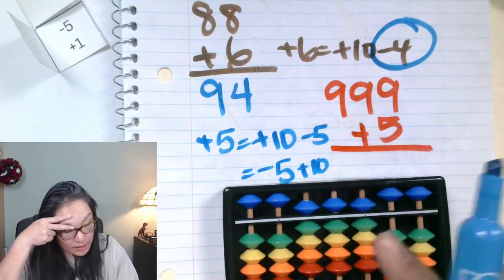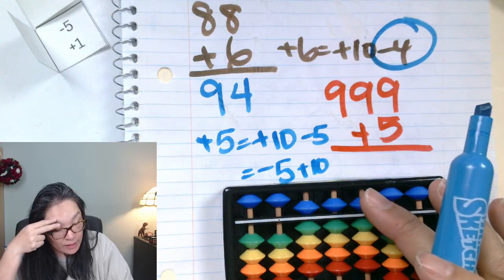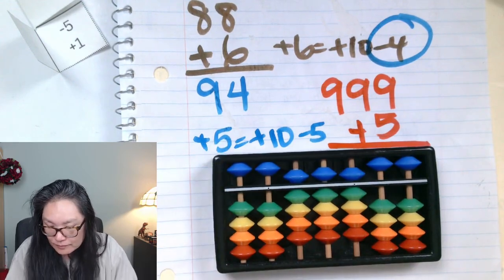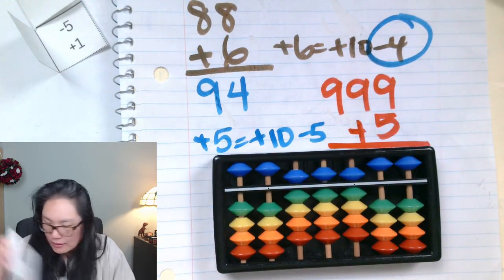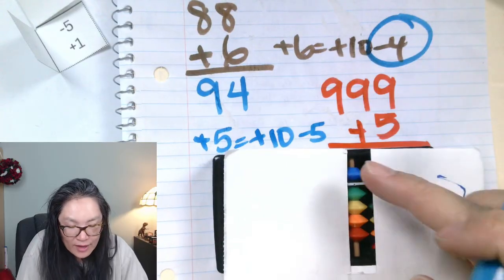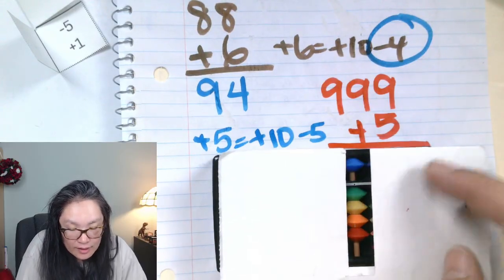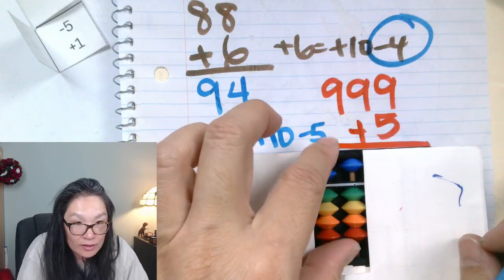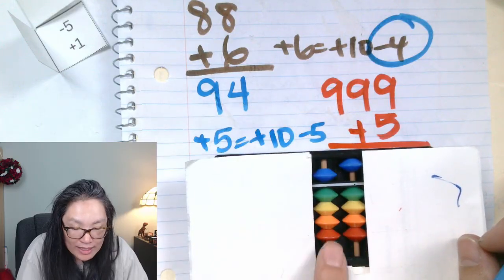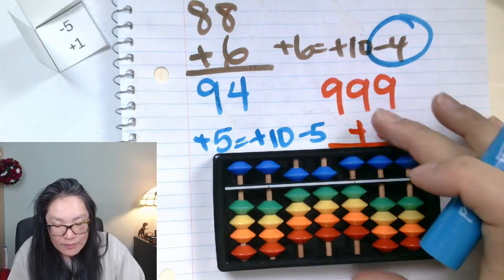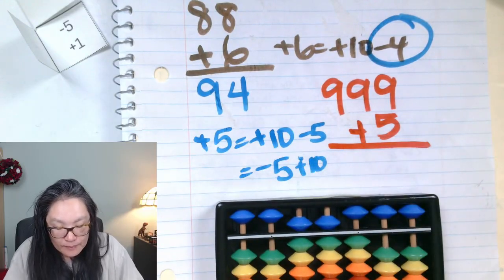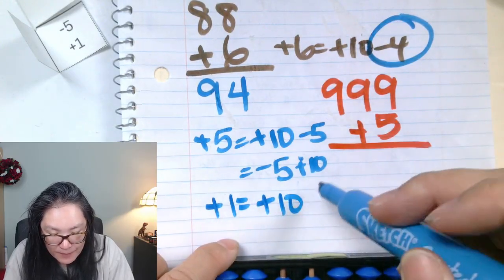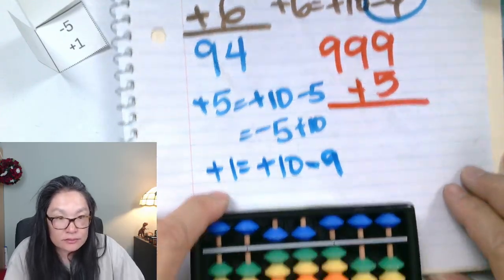Why would we want to say that? Because here we're going to minus the 5, and then I'm going to plus the 10 here. But to plus the 10, we cannot plus the 10. So that means what? Plus 1 is equal to plus the 10 minus 9.